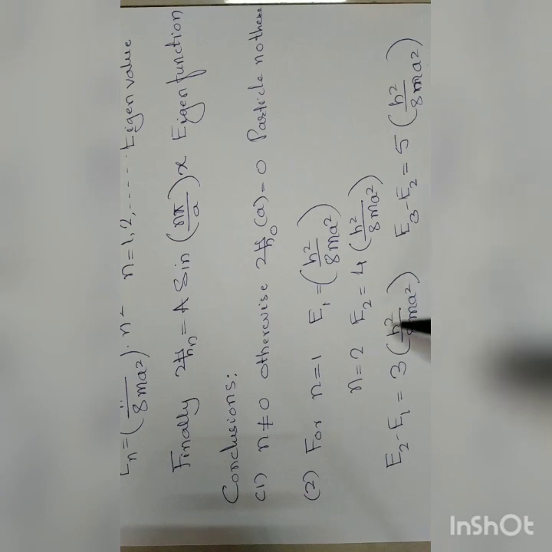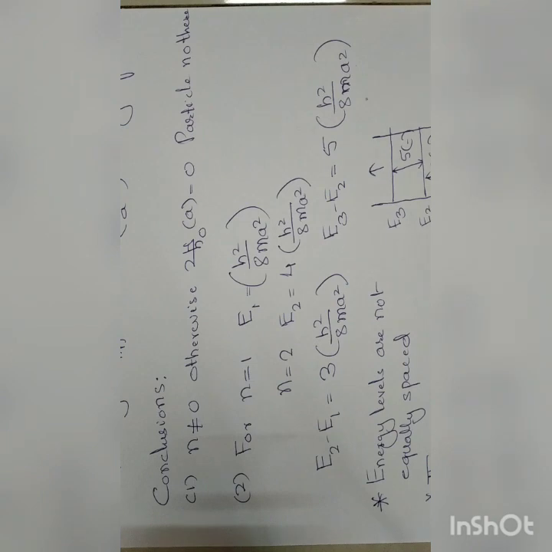This is actually a very important parameter. We will come to this in a moment. Similarly, I can keep on putting values for n equal to 3, 4, 5, 6, and so on. Next we can calculate the difference between the third level and the second level. Hence we have E3 minus E2, that is equal to 5 into h square divided by 8m a square.